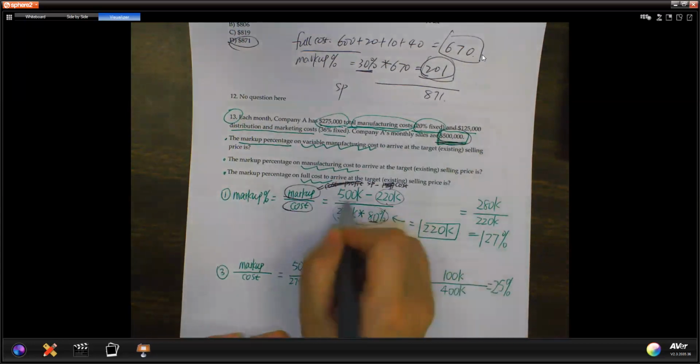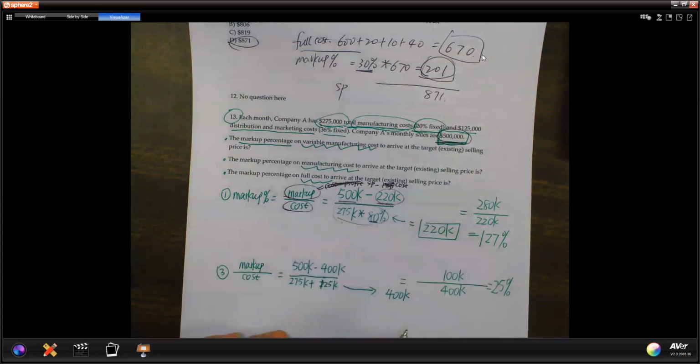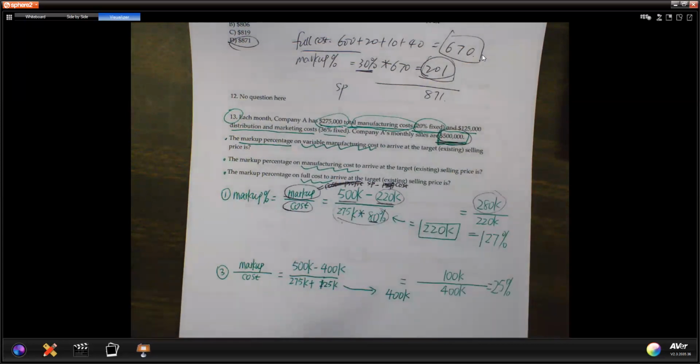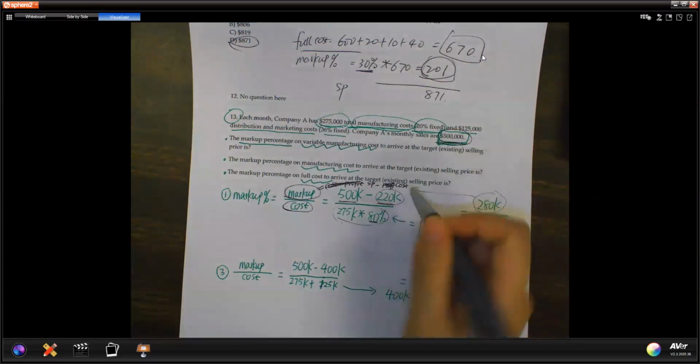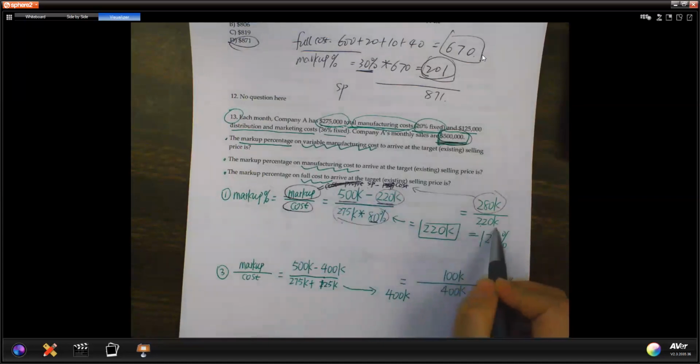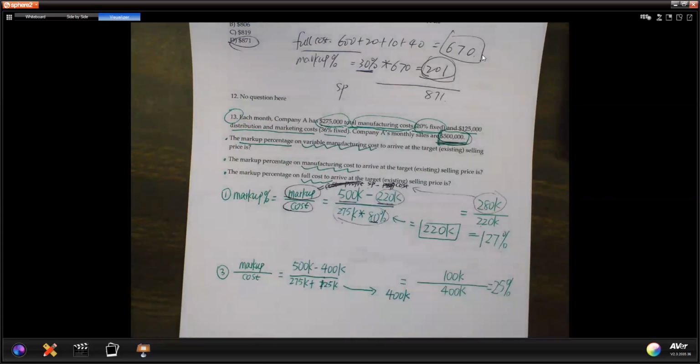Selling price is 500,000, cost is 220,000. That gives you a markup of 280,000, your selling price minus the cost, and divided by your cost, which gives you 127% as the markup percentage.